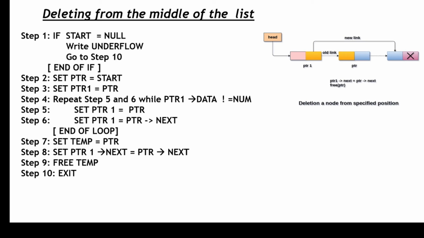It implies that we disconnect the middle node element in the list by setting the next part of the pointer 1 node to the next part of the pointer variable. Then delete the node by freeing the temporary variable.